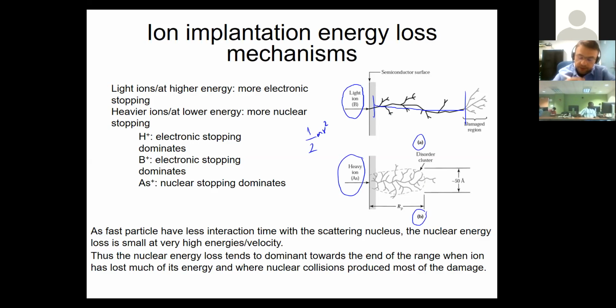Non-relativistic meaning that I'm just showing their energy with the simple kinetic energy formula, one half m v squared. Since their mass is different, let's say this is m2, this is m1, the velocity of the boron ion will be higher than the velocity of the same energy arsenic, right? Since the velocity is large, while it's passing through the crystal structure, it will not have enough time to actually interact with the silicon.